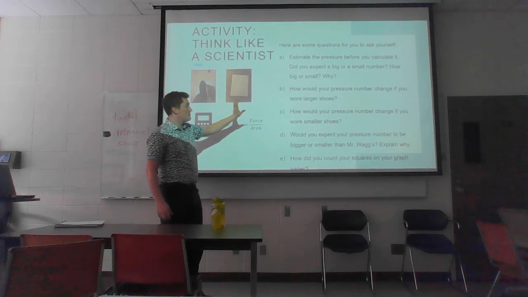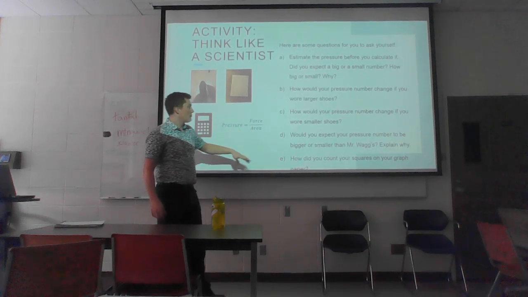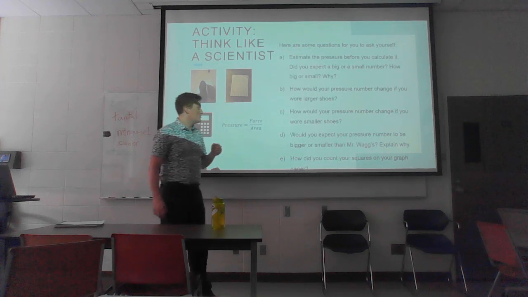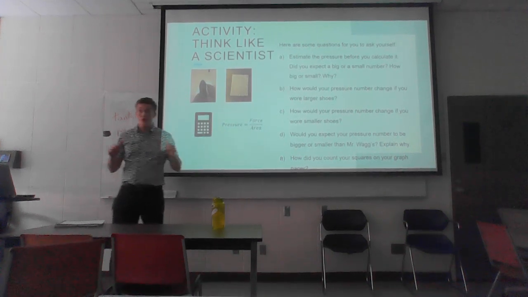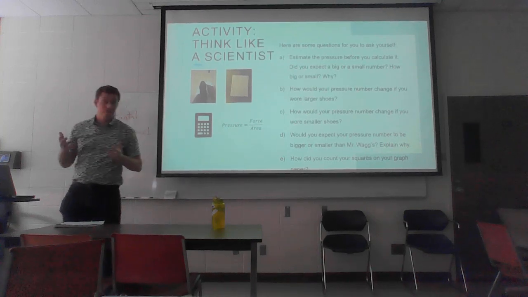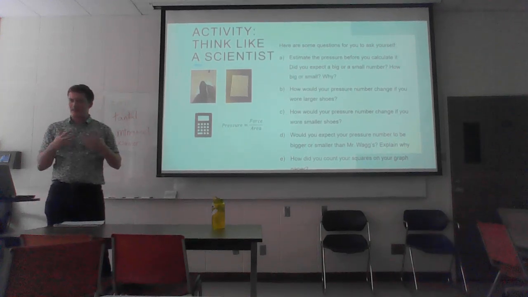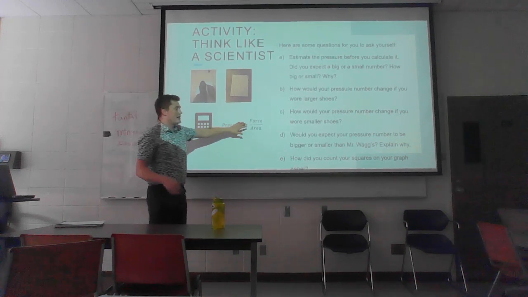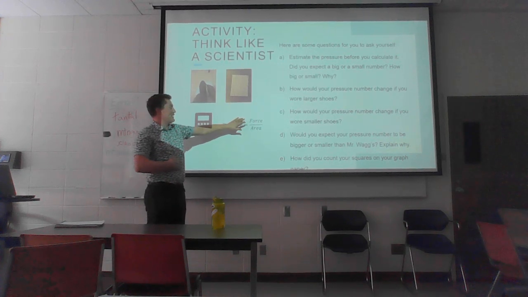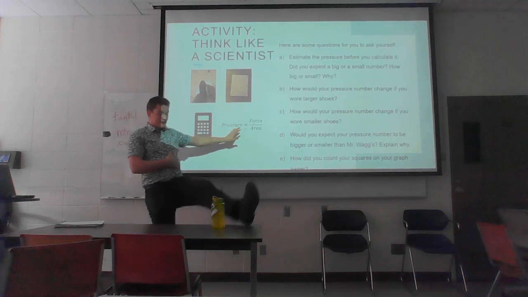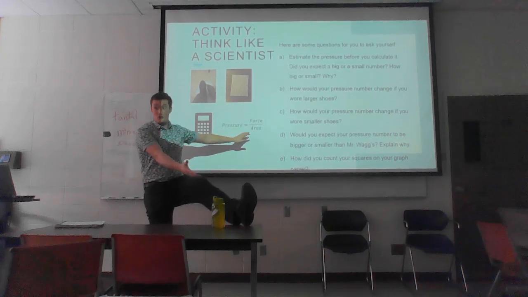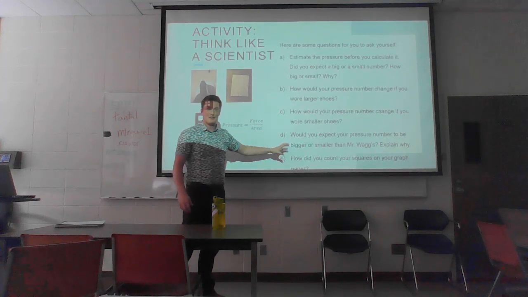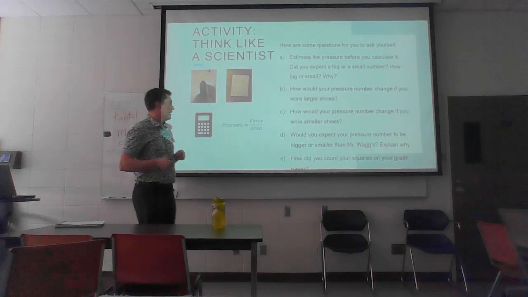How would your pressure change if you wore smaller shoes? And this question asks, would you expect your pressure number to be bigger or smaller than Mr. Wag's? Explain why. Mr. Wag looks like he might be able to apply a lot of force, but he's also got really big shoes. So how do you think that impacts your pressure versus his, and how much of a difference do you think there is?